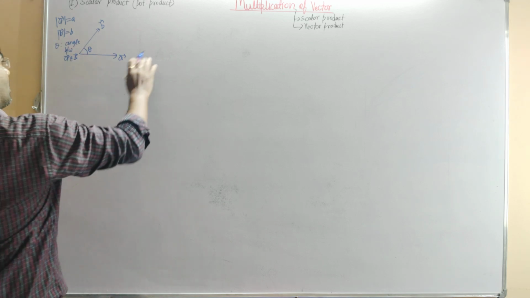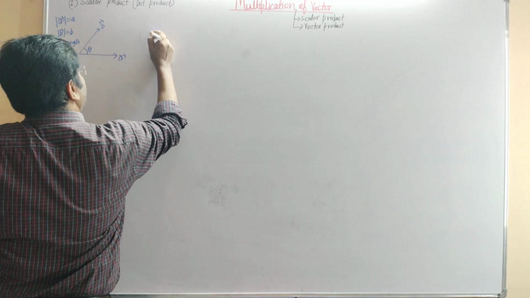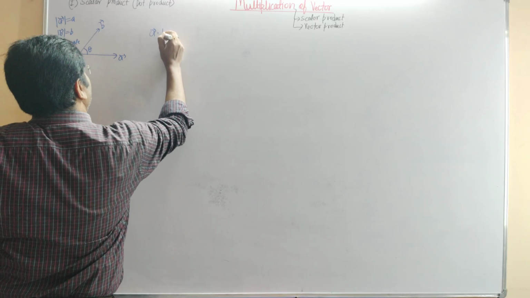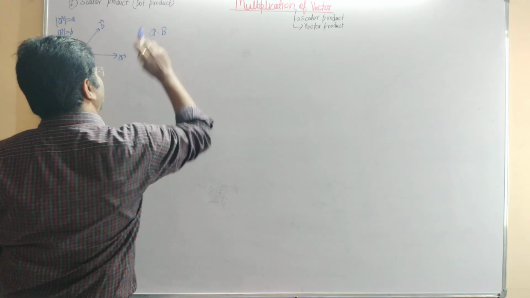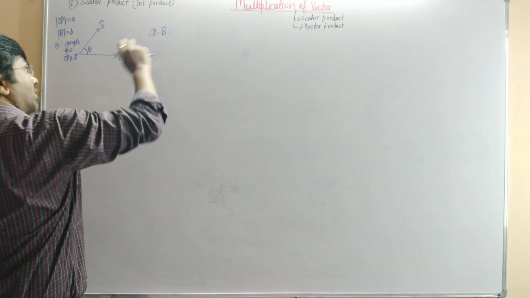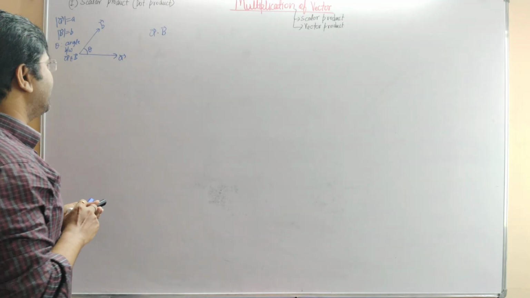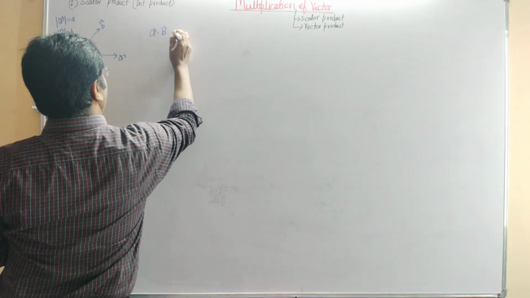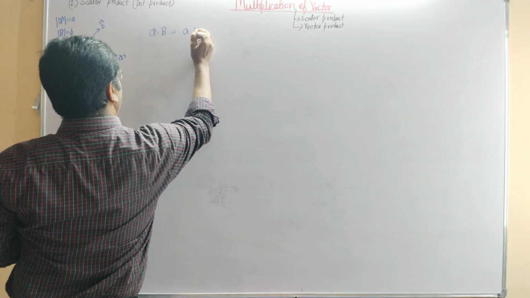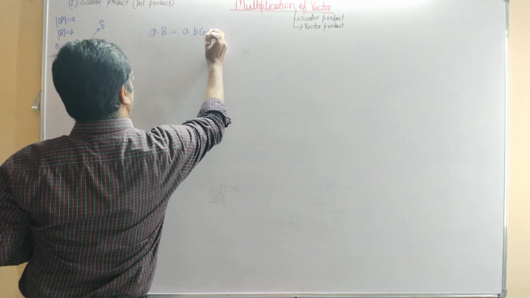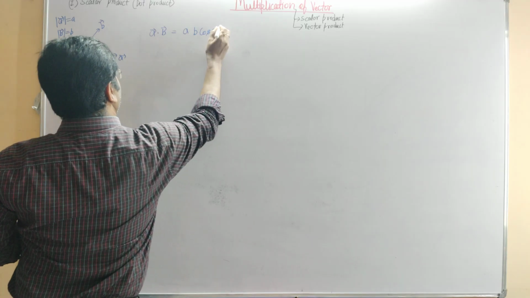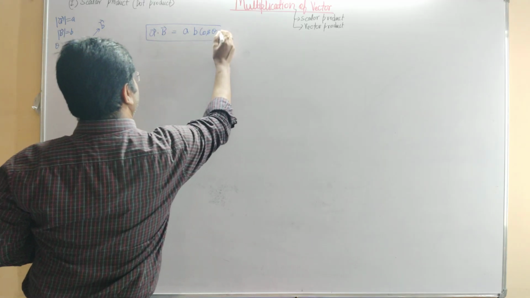Okay, so this dot product is defined as A dot B. That's why we also call it the dot product, because we are putting a dot here. We always write it like this. A dot B is equal to AB cos theta.